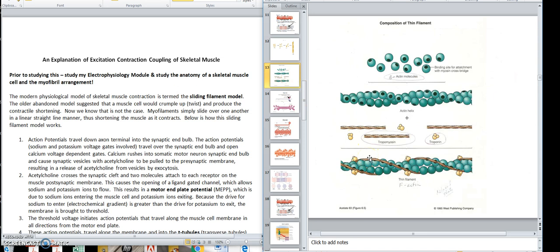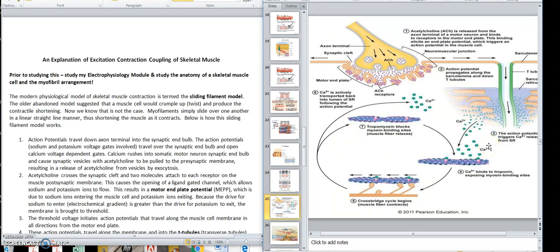Tropomyosin in the resting state covers the myosin binding sites on actin. To get a contraction, this ribbon must come off. What causes it to come off is calcium. When calcium bonds, it shifts the troponin complex and pulls this ribbon off. When that ribbon gets pulled off, then this site is opened up to be able to bond. Okay, so we go back again. So that's what that does.